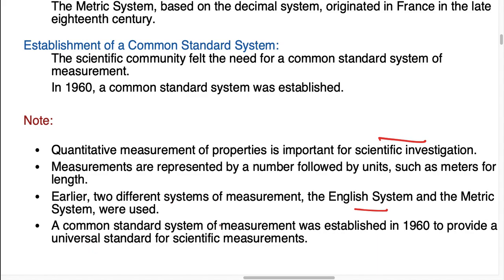A common standard system of measurement was established in 1960 to provide a universal standard for scientific measurement. For a universal standard, scientists needed a specific measurement system, which they established in 1960.